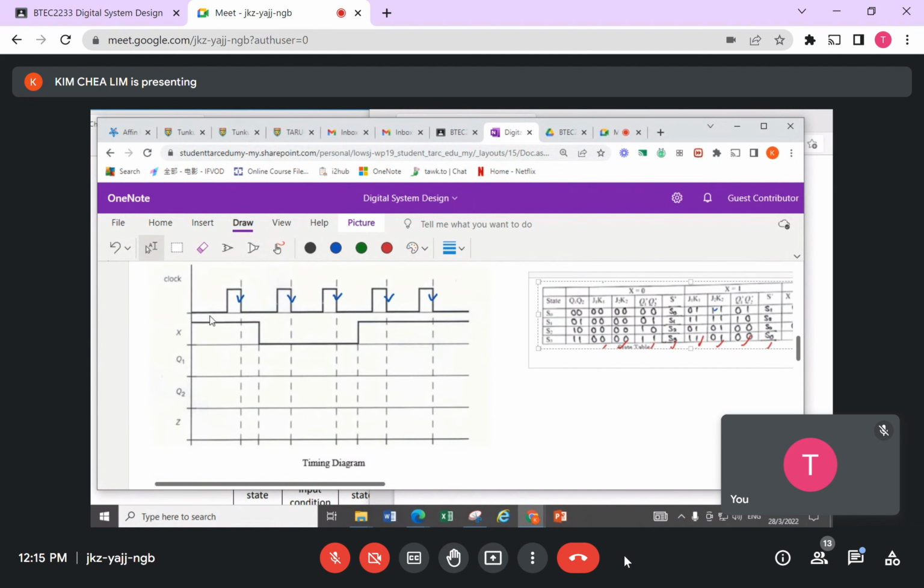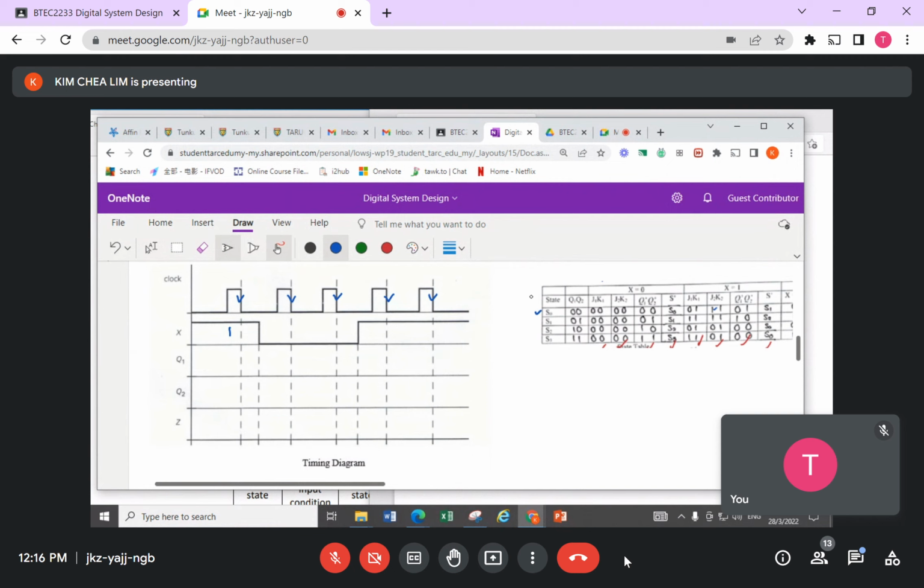So initially, Z X is 1. I'm supposed to find out what is the condition for my Q1 and Q2. The question never tells me whether the system will start from 0 or start from 1. I think it is a good assumption to say that it starts from 0, because the question starts off by giving me S0 here.